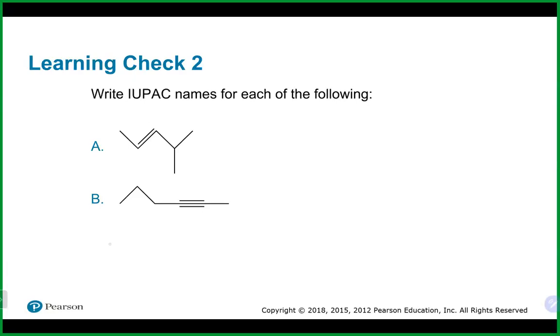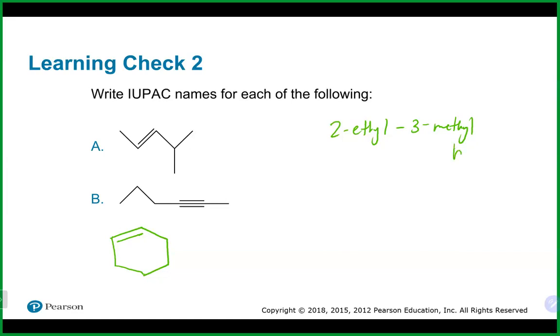Why don't we also try, let's do that one. Let's do 2-ethyl, 3-methyl, butene.